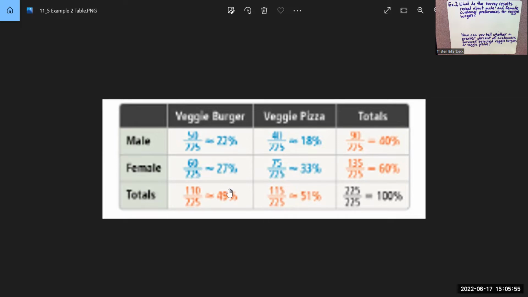Out of all the respondents, 49% like the veggie burger and 51% like the pizza. So it's still pretty split. The veggie pizza's winning by just a tiny bit. So we probably want to delve a little deeper into the statistics to make a decision.